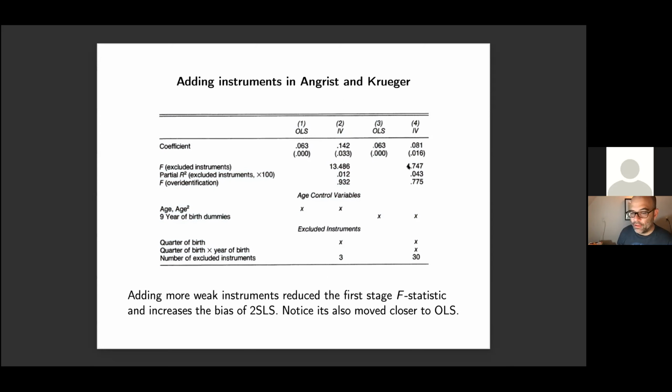Notice what happened. The F statistic fell, and we're getting coefficient estimates where, although we can't observe it, the bias is approaching the OLS estimate. We don't actually know what the bias is. The true effect could be 0.08. We just know that the bias of two-stage least squares is getting closer to it.